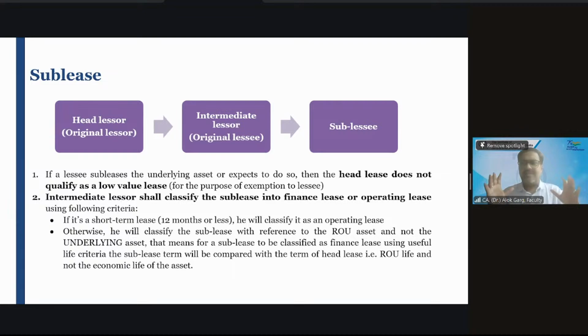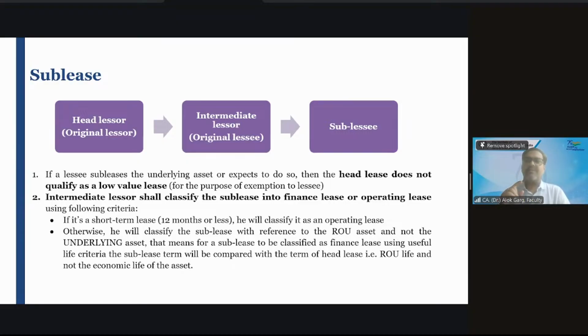If you see this entire transaction, there are two contracts. Which two contracts are there, Nandini? In this entire transaction, which two contracts are there? First is the original lease and the second is the sublease. Yes, very good. First is the original lease contract and the second is the sublease contract.